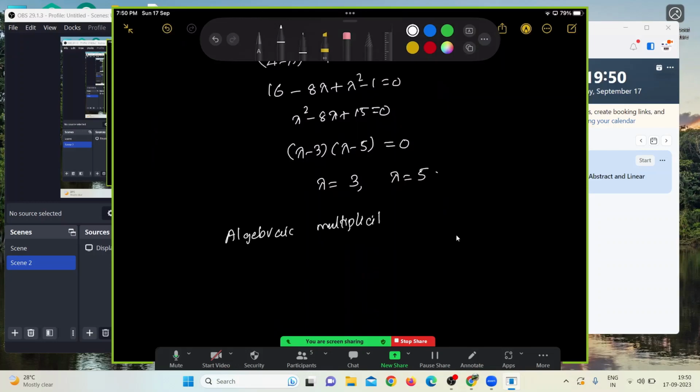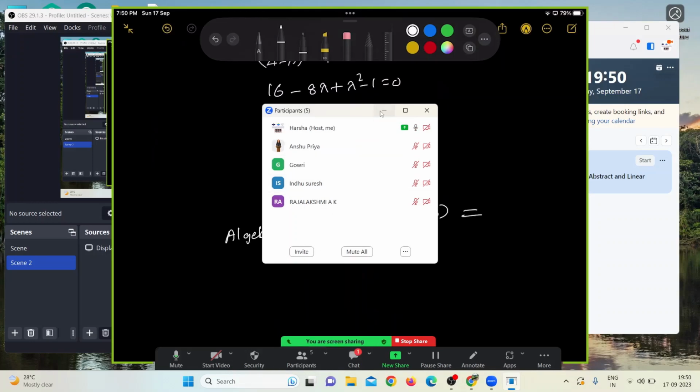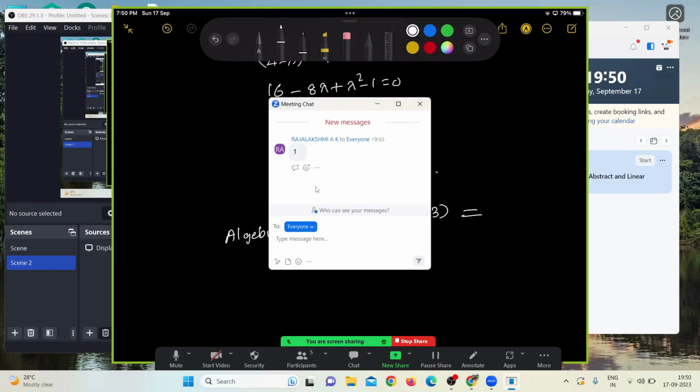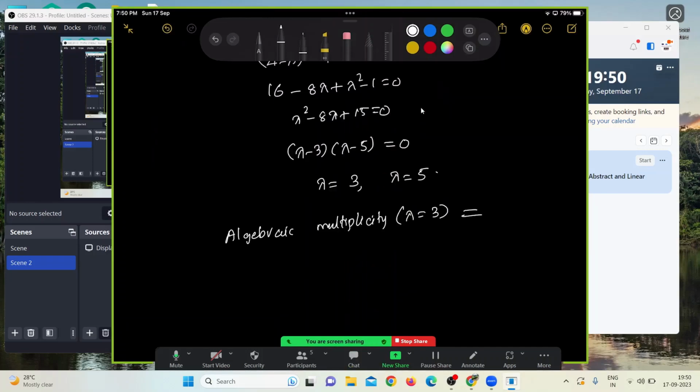The question is, what is the algebraic multiplicity of 3? So by definition, what is the algebraic multiplicity? 1. Okay, so the answer it is given here is 1.